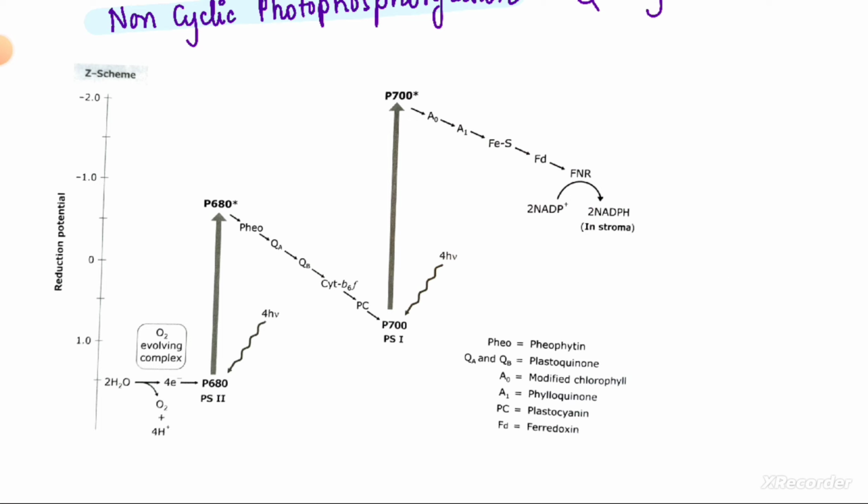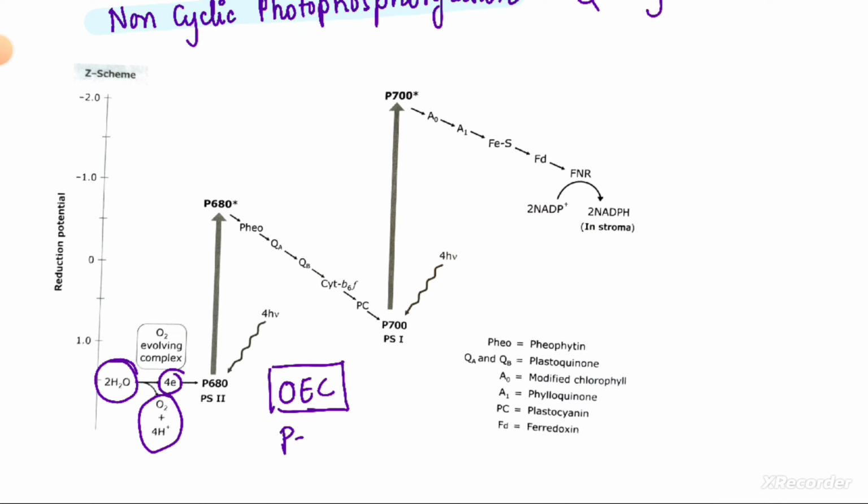So here we have two molecules of water that are oxidized to O2, and 4 protons are released. And 4 electrons will be further passed on to PS2. Who helps in this oxidation? It is the oxygen evolving complex. This oxygen evolving complex helps in oxidation of water.